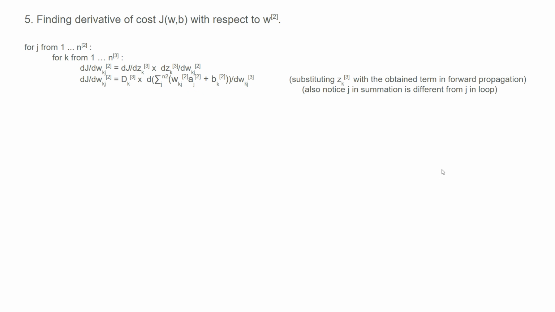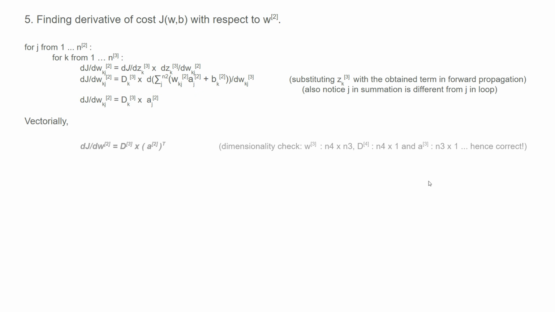Also notice that the j in the summation is different from the j in the loop, as it was in the previous case. Similarly to the previous case, only this w_kj will have a non-zero derivative, and all the other j's will be zeroed out.